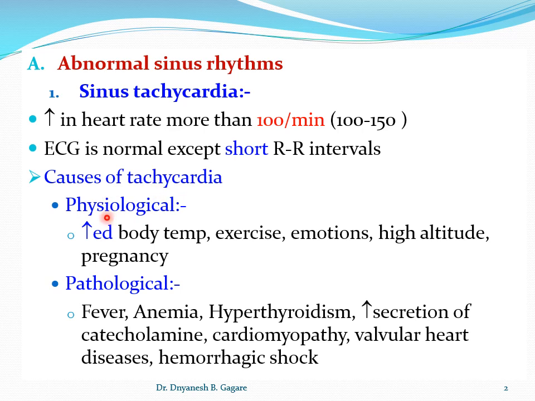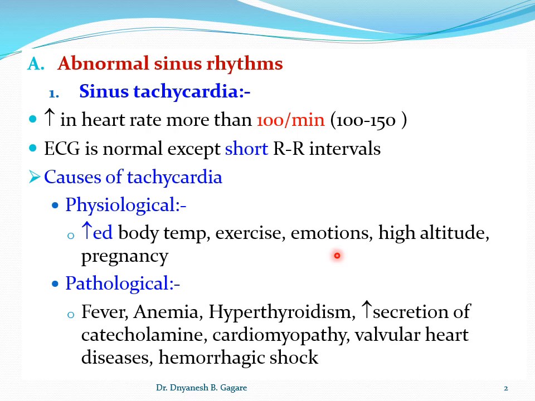It may be physiological or pathological. Physiological tachycardia is normal tachycardia, and it comes with increased body temperature during exercise. Depending on the severity of the exercise, the heart rate increases to more than 100.